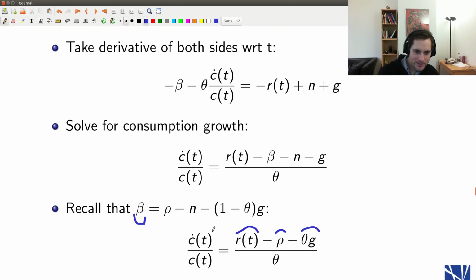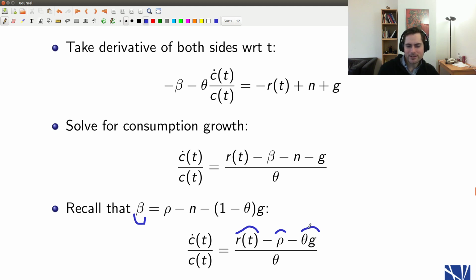So what this says is that if the rate of return on capital is higher, then we're going to raise our consumption more, which makes sense. If we get a better return on capital, then of course we're going to be increasing the slope of our consumption. If we're more impatient, if rho is bigger, then our consumption is going to grow less because we're going to consume more today relative to tomorrow. So that part makes sense as well. And then finally, there's this term.